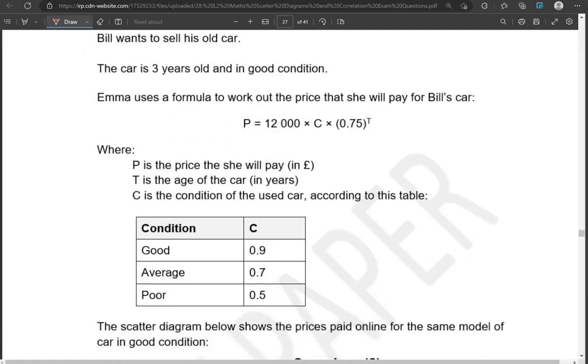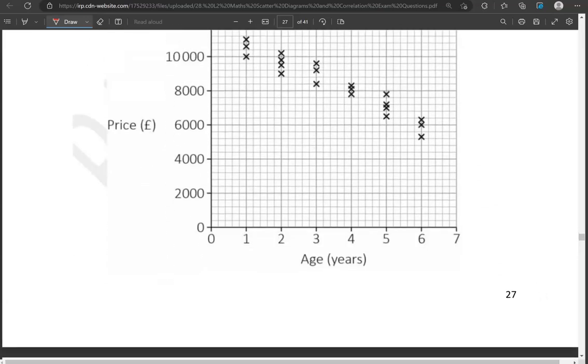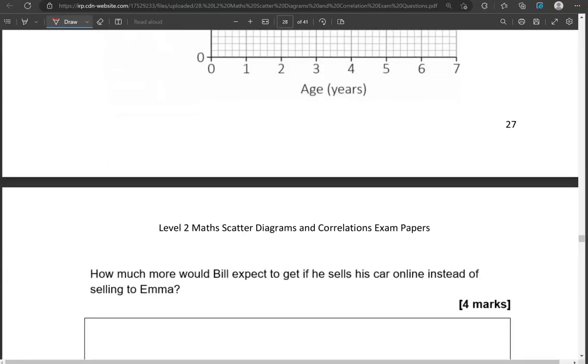The scatter diagram below shows the prices paid online for the same model of car in good condition. How much more would Bill expect to get if he sells his car online instead of selling to Emma?